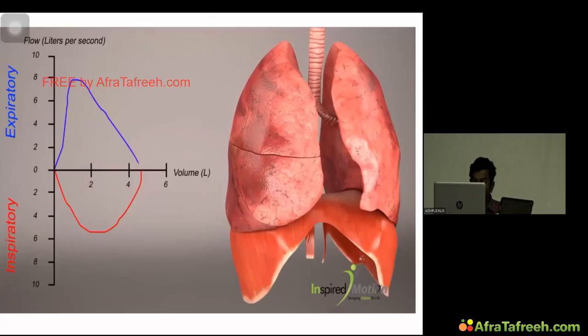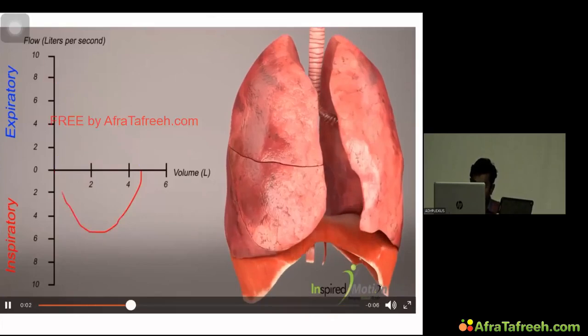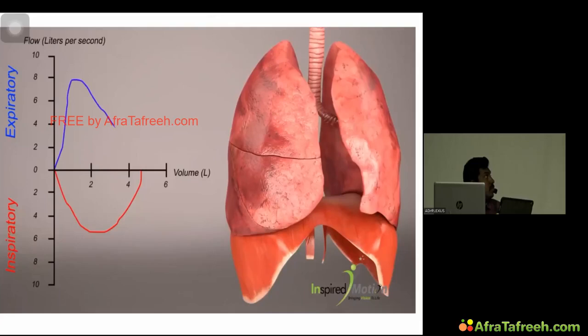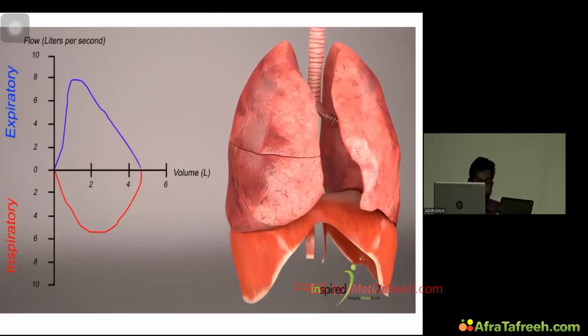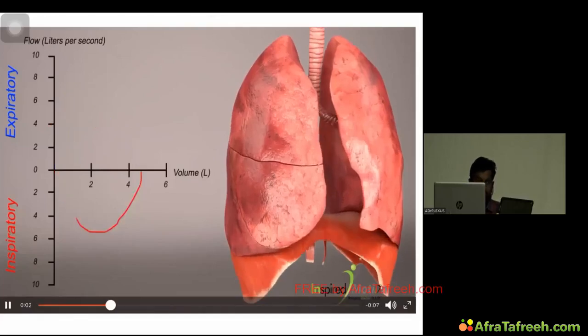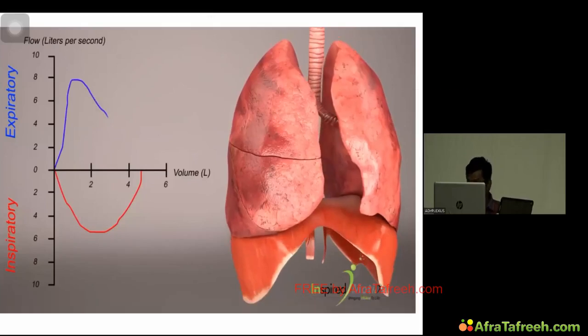What do you observe in this graph? Any observations you can make?